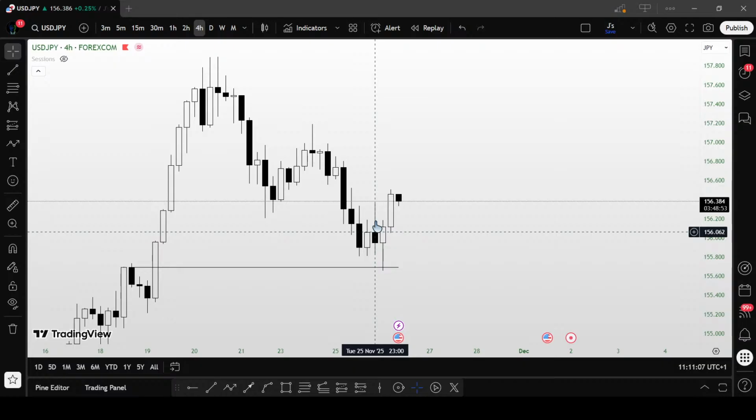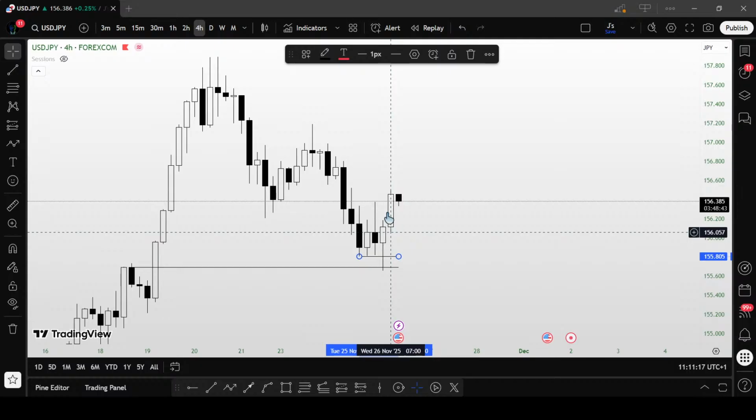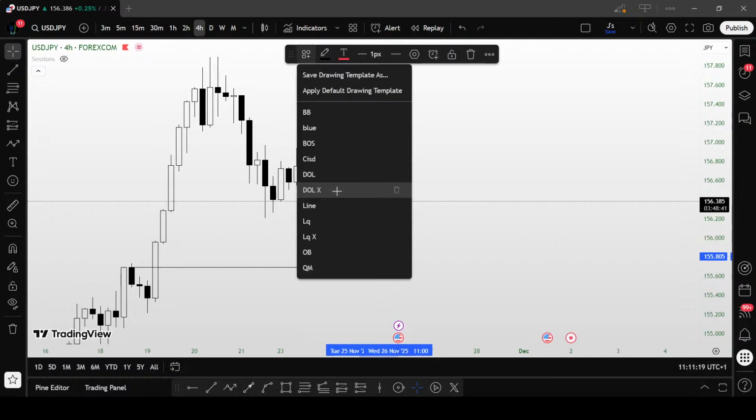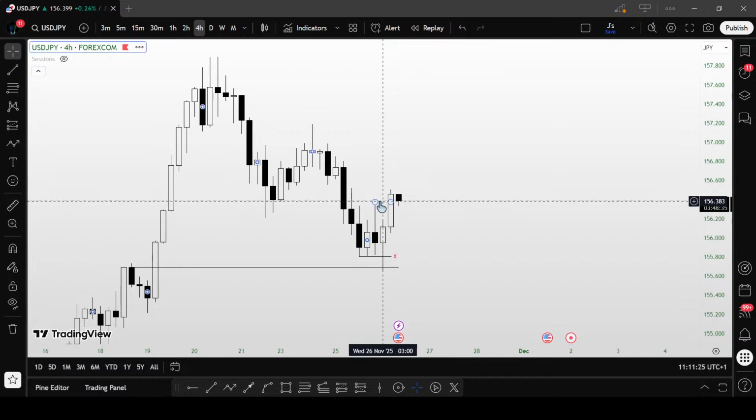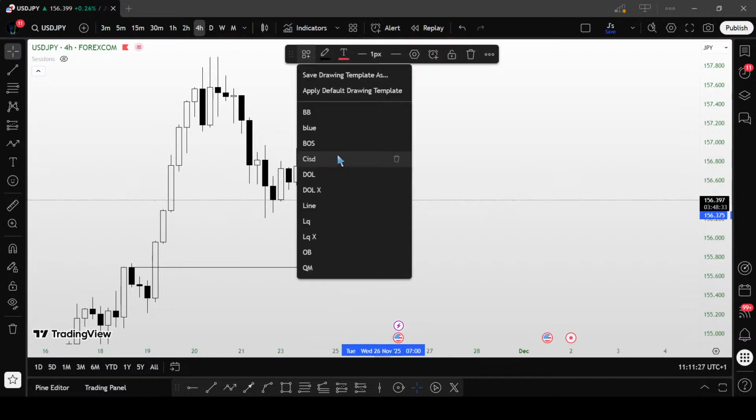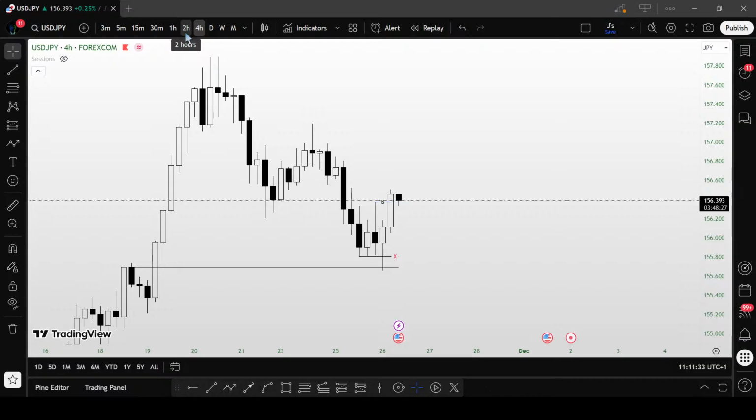We have some smaller candles around here. We made a low here, and because of this low, what we have here is a sweep. Because of that sweep, we also have a break of structure. As you can see, we closed above this particular wick, so to me that's a full break of structure, which is bullish. We do have two confirmations there, which are the break of structure and the sweep.